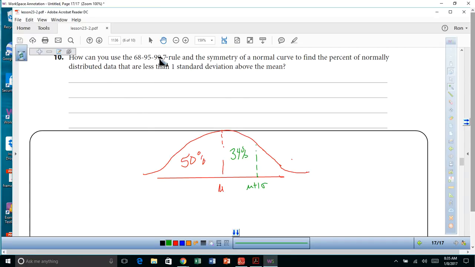So how can you use the 68, 95, 99.7 rule and the symmetry of a normal curve to find the percent of normally distributed data that are less than 1 standard deviation above the mean? Well, we've got 50 plus 34%. That is 84%. Okay, so 84% of the data are less than 1 standard deviation above the mean. So we're talking about all of this area. All right.